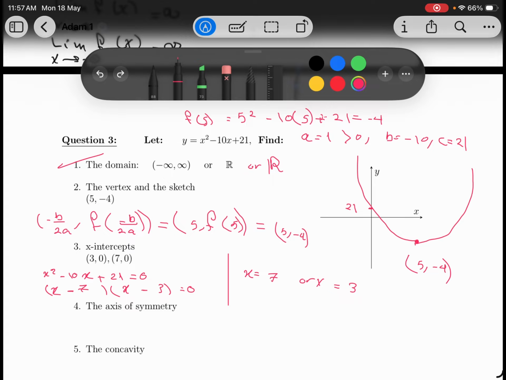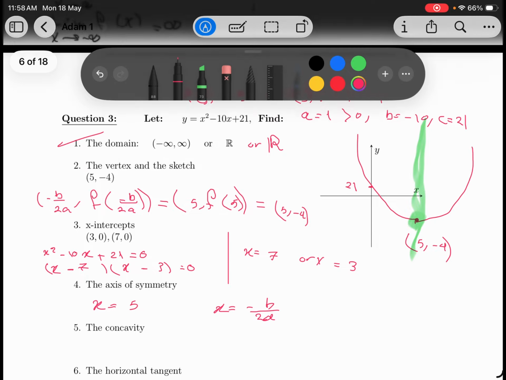And again, the axis of symmetry. And look at this beautiful vertex of 5 and minus 4. And this vertex reveals a lot, in fact, because here is the axis of symmetry. So it's x equals 5, right? So x equals 5, if you like it in detail, x equals minus b over 2a, or x equals the x coordinate of the vertex.